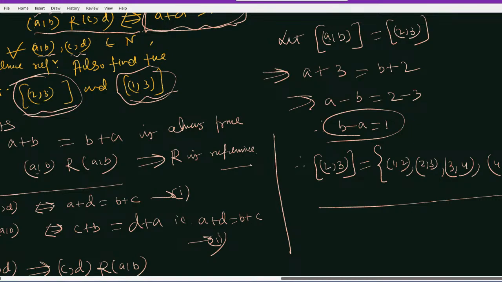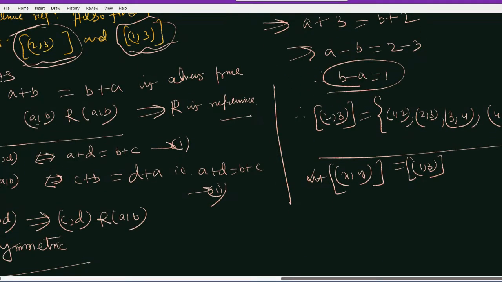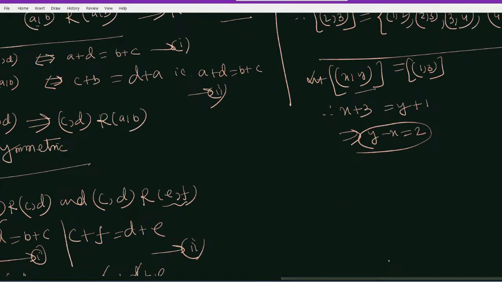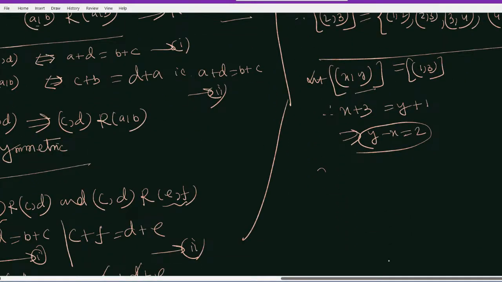Again you start in the same manner. Let (x, y) equal (1, 3). Okay? Therefore y minus x equals 2; elements are of this form. You tell them y minus x equals 2. What are the elements?